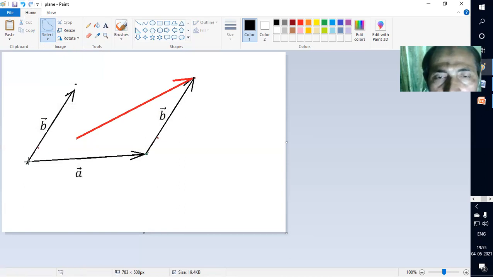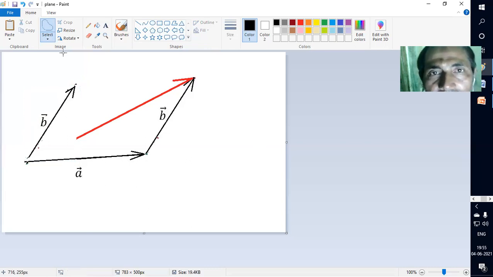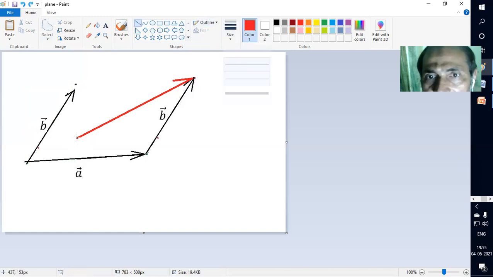As you know, shifting of vector on the screen is permitted. You have to utilize this permission. And of course, the resultant vector I got like this. This is the answer vector when A and B are added.